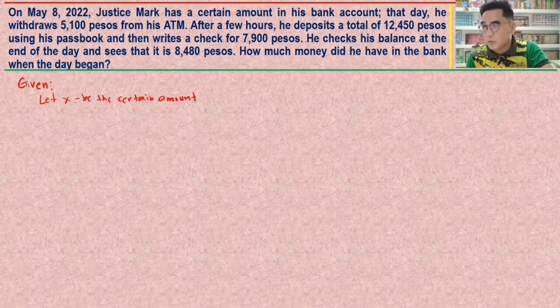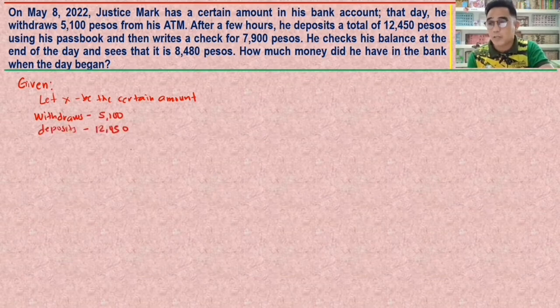First, he withdraws an amount of 5,100. He deposited a total of 12,450. Then he made a check amounting to 7,900. Then he checks his balance, which has an amount of 8,480 pesos.